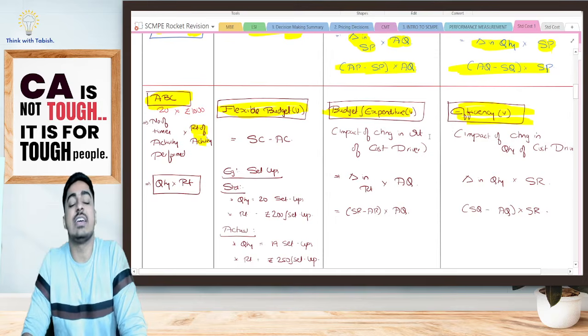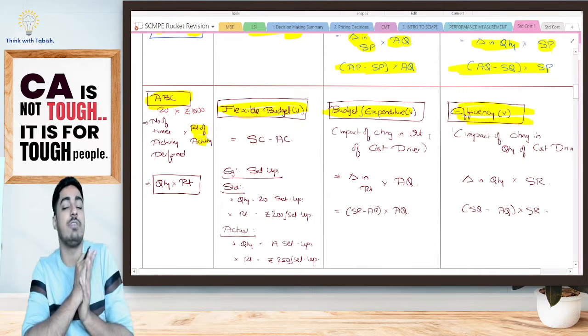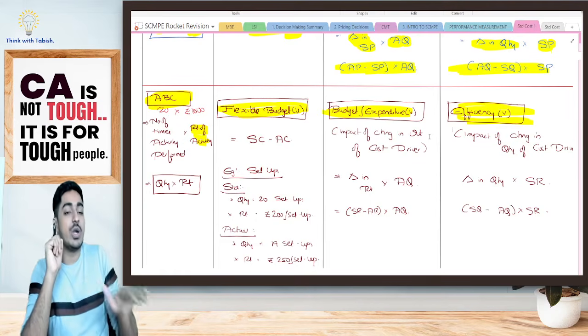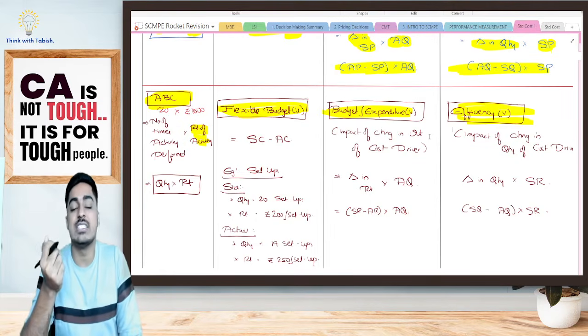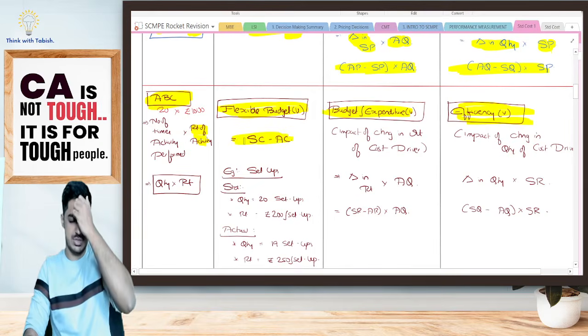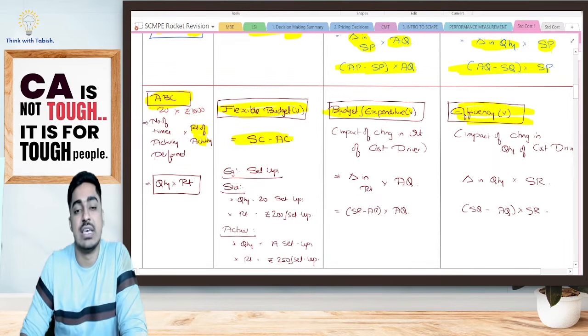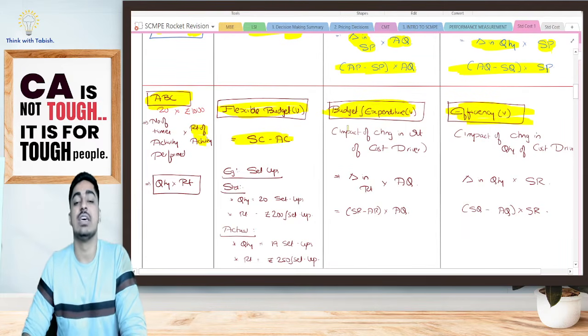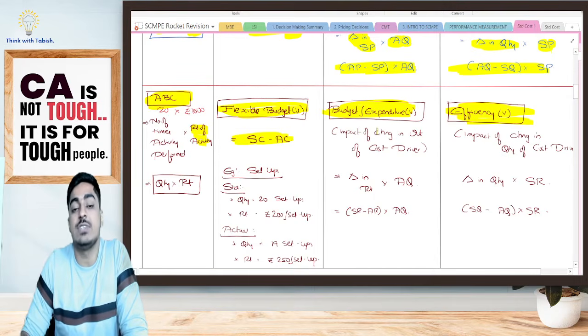Now, flexible budget variance. In activity-based costing, the structure of the formula is quantity into rate. Overall, your flexible budget variance is your standard cost minus your actual cost. Two things: first the budget or expenditure variance, then the efficiency variance. In the budget or expenditure variance, we are seeing the impact of change in the rate of cost driver.